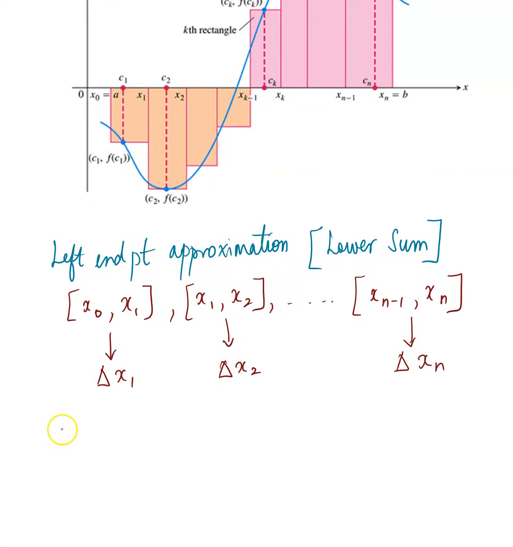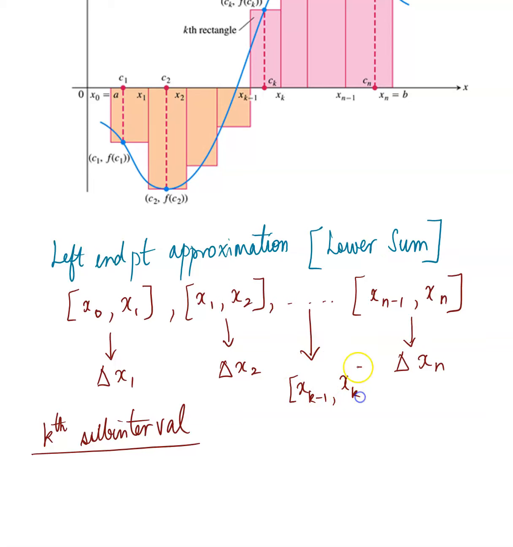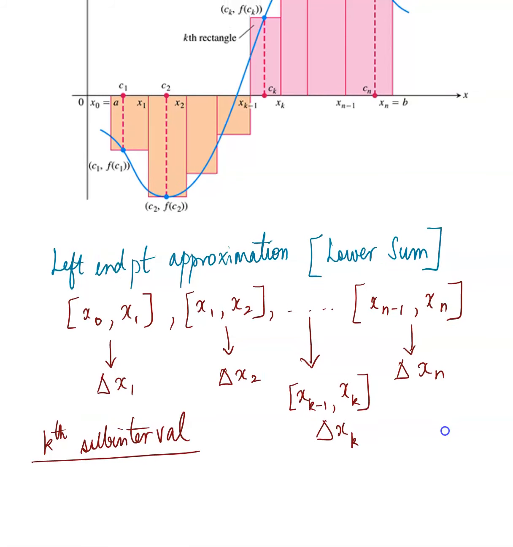So let's just focus on the kth subinterval. xk minus 1 to xk will be the kth subinterval with width delta xk. So the area for that kth interval, like the kth box. Let me highlight that for you.